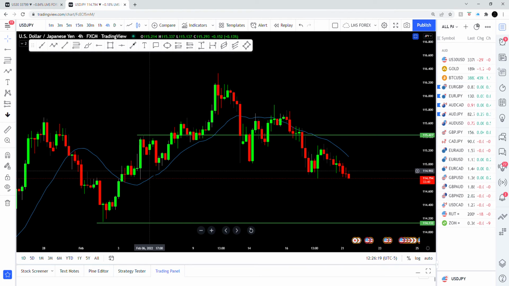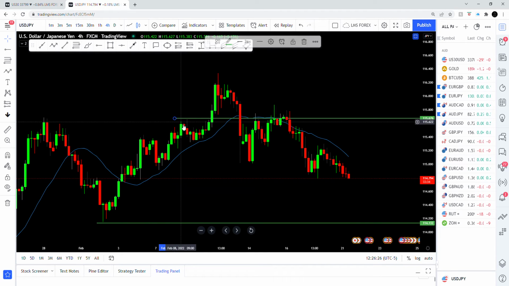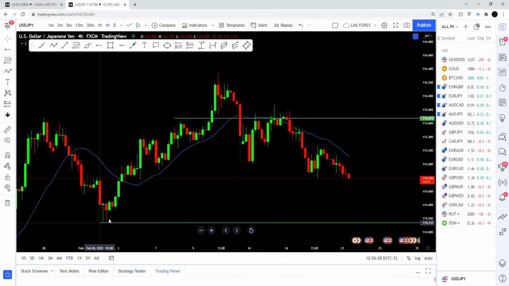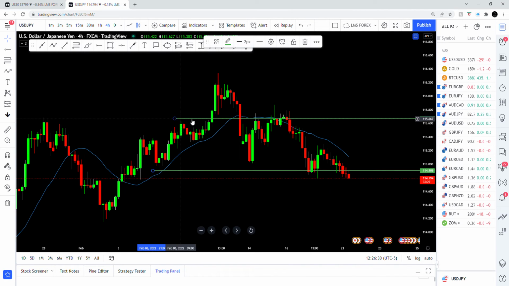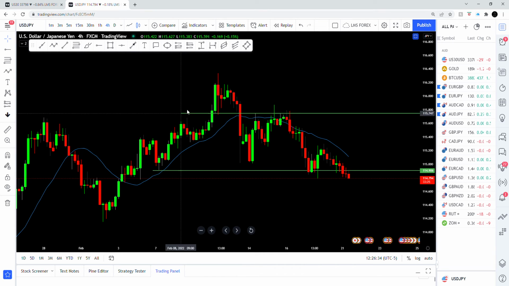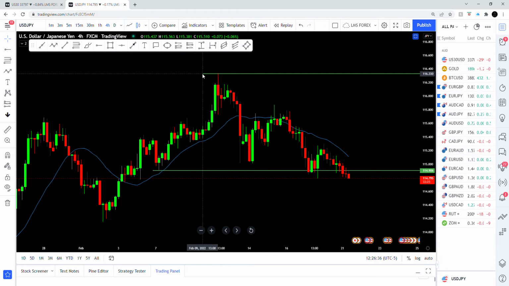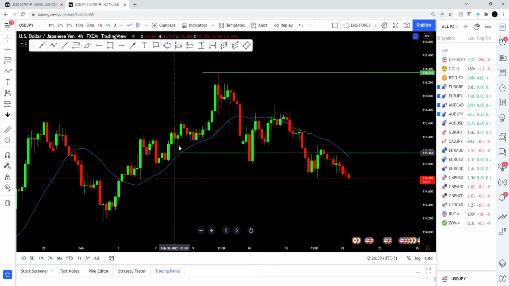As the price is pushing up and pulling back, we have to adjust the levels. So let's say this was the most recent high, and this was the most recent low. The price pushes up again and we created a new high, and a new low.